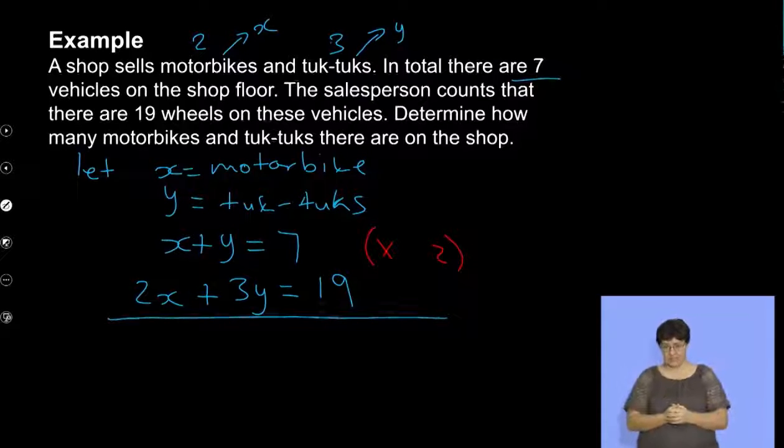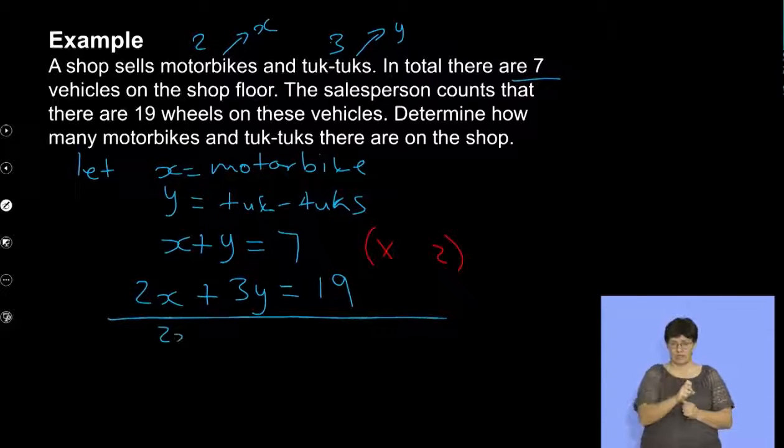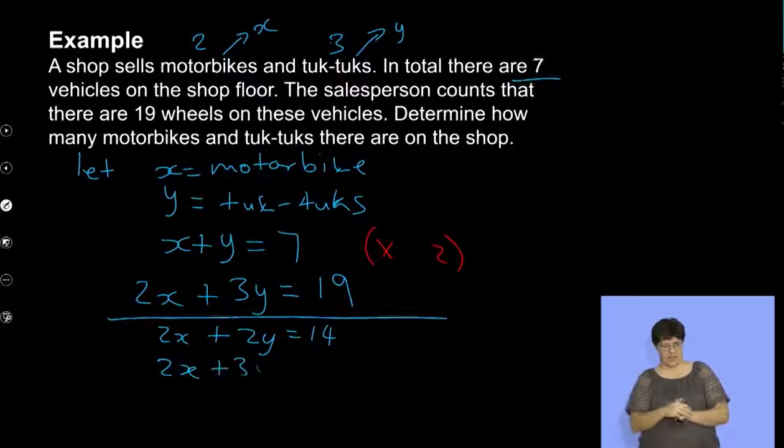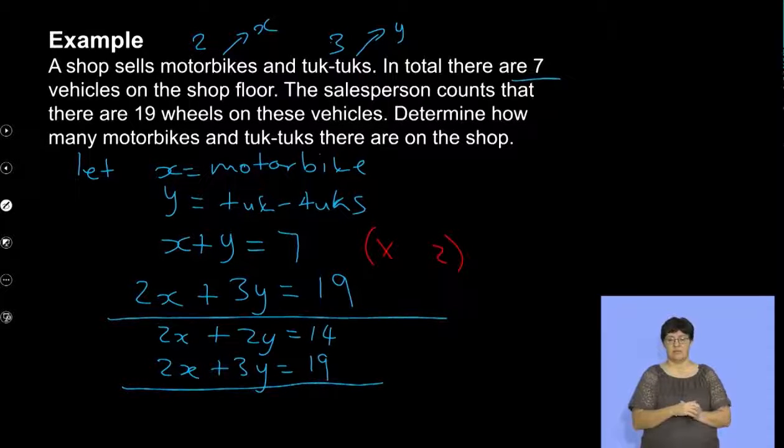So if I do that, this becomes 2x plus 2y equals 14, and this is 2x plus 3y equals 19, right? I've just rewritten the other equation as is.